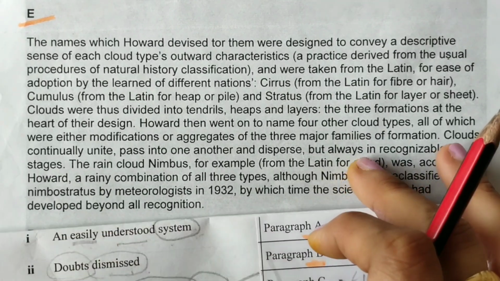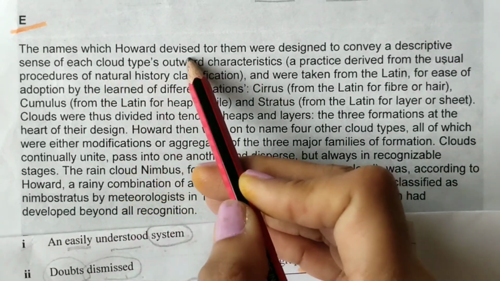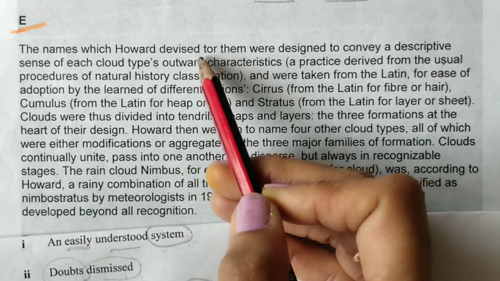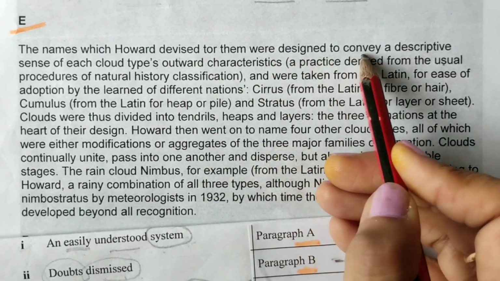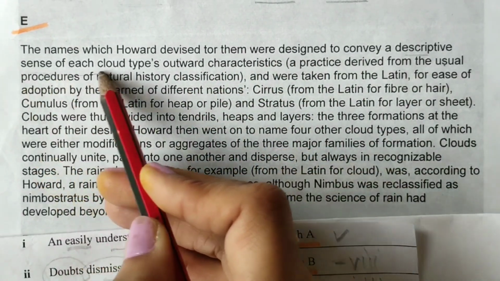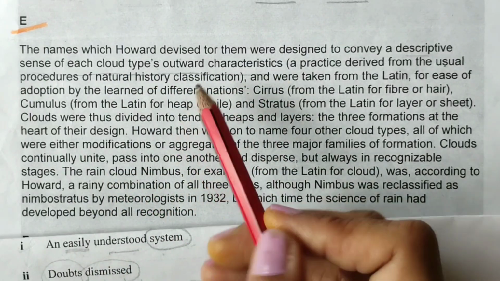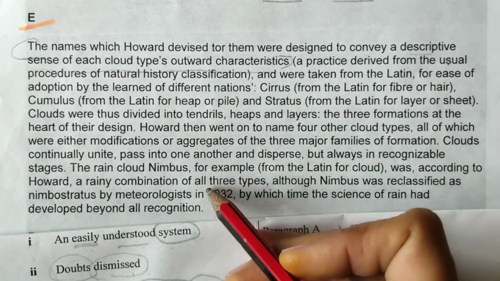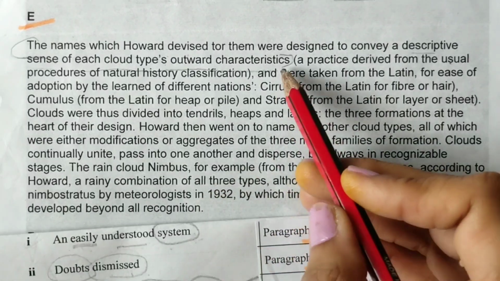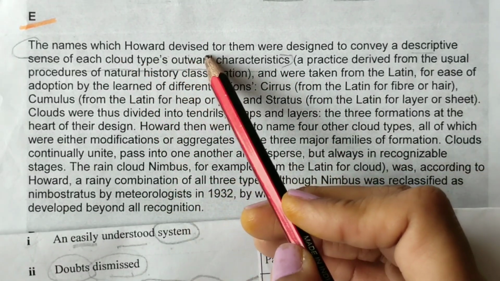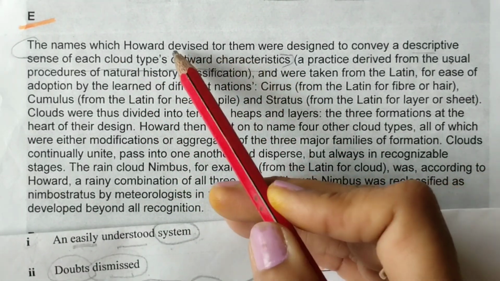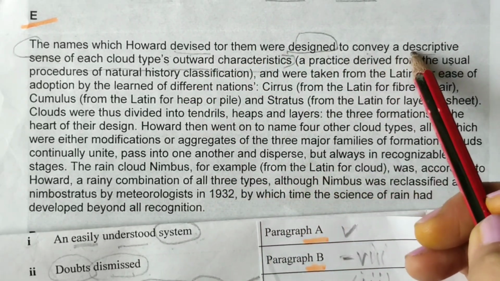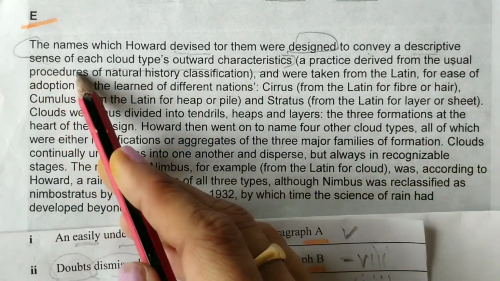The names which Howard devised for them were designed to convey a descriptive sense of each cloud's outward characteristic. Okay, I can understand this sentence. Try to understand this word: for them were designed to convey a descriptive sense of each cloud.